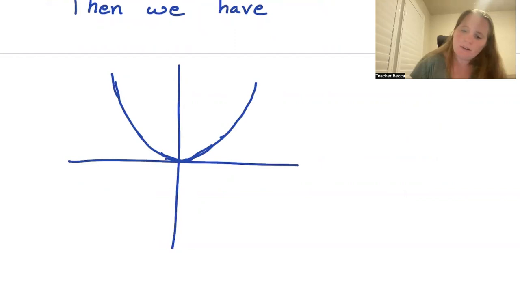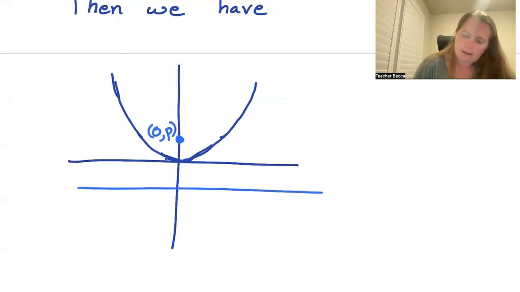We have our focus at the point 0, P, and our directrix at y equals -P. This is not to scale.